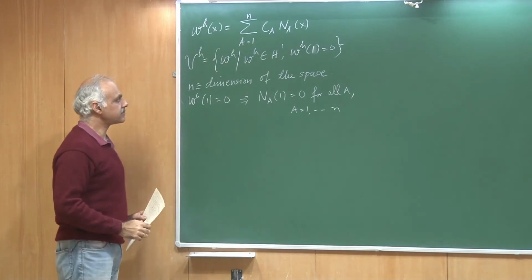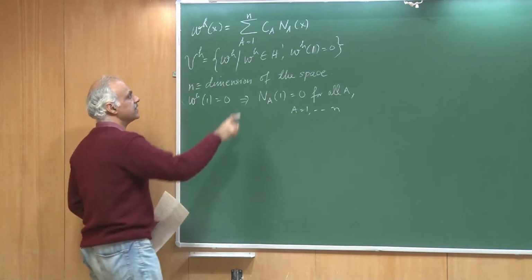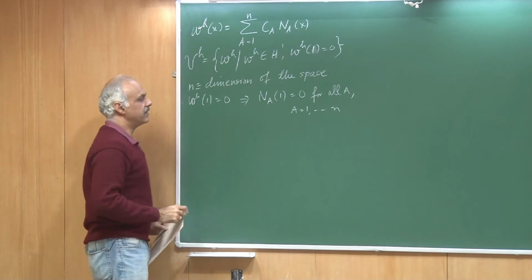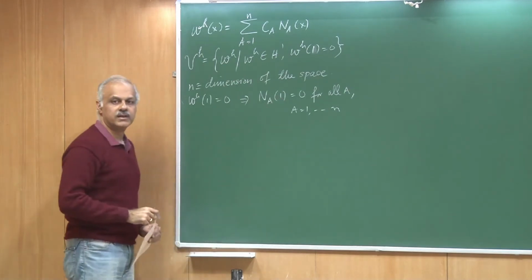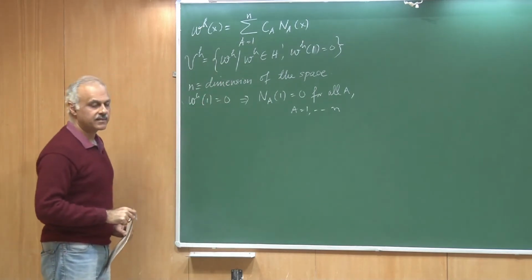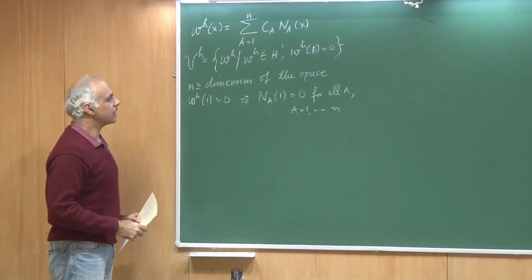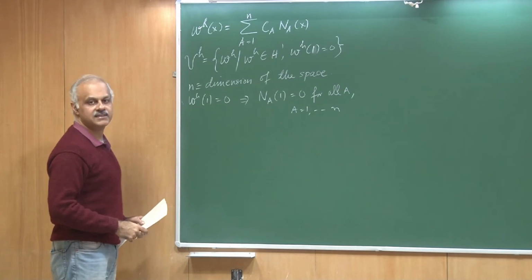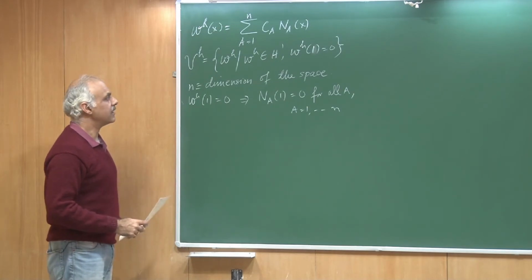Okay. So, no matter what functions I choose, they should all vanish at x equal to 1, simply because that is the requirement of this function space. Of course, you also have to keep in mind that they form a basis, so they should form a complete set.